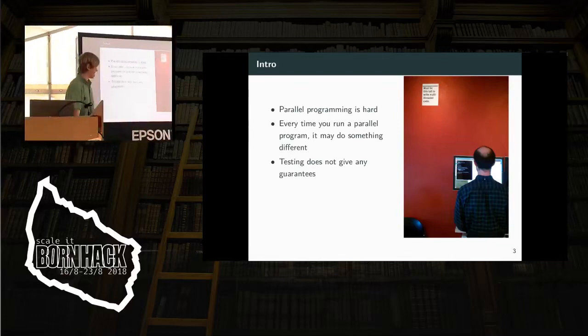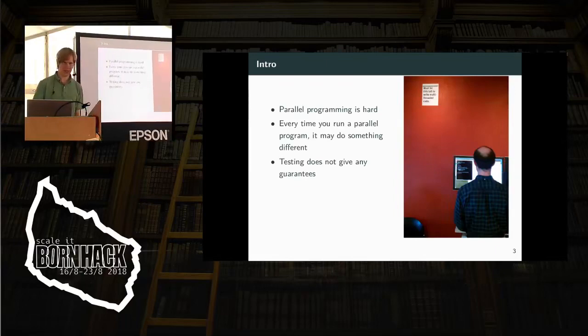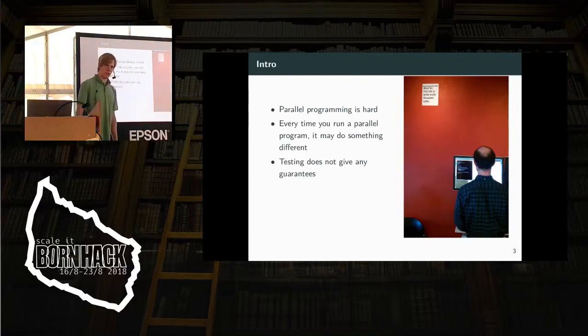So the point is, everyone makes mistakes when writing multi-threaded code, because it's just so much to think about, and the space of things that can happen just explodes. And another thing that makes it very hard is that testing, which we usually use to verify that our software does approximately what we want it to do at least, doesn't apply as well to multi-threaded software, because if you run a multi-threaded program twice, it might do something different the second time.